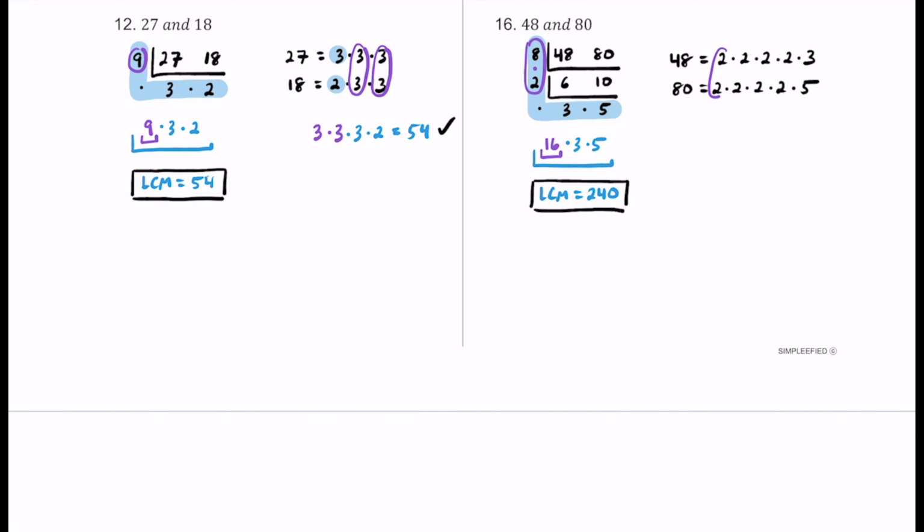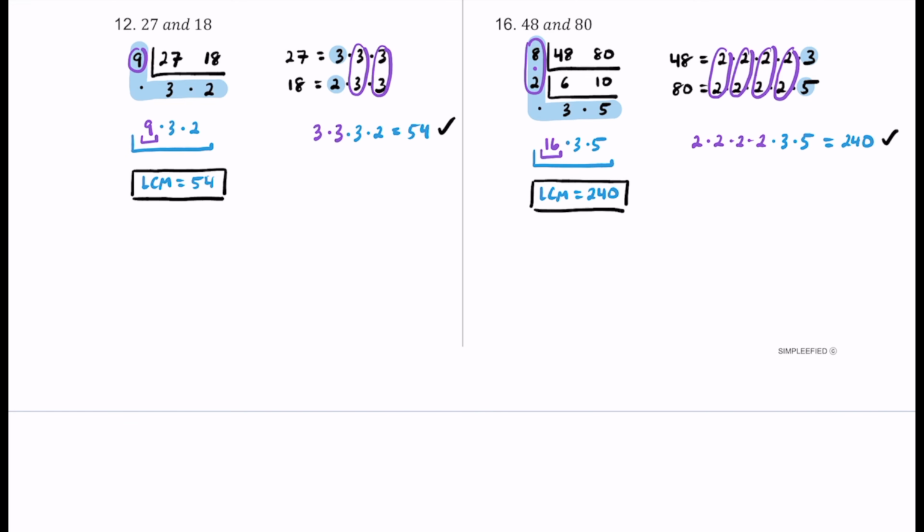They both have a 2, and another 2, and another 2, and they have a fourth 2. So that gets us our GCF of 16. And then we have our 3 and our 5 afterwards. So 3 times 5. Altogether, if you multiply these together, I promise you'll also get 240.